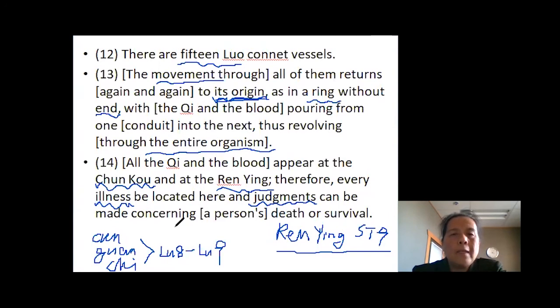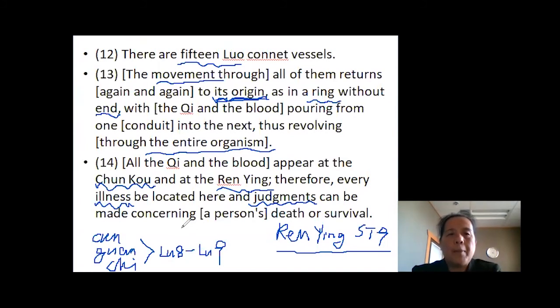So there are two main locations where the pulse is more important for us. One is 寸口, where we still take the pulse right now. Another is the 人迎, in the neck area, where we can feel the pulse.